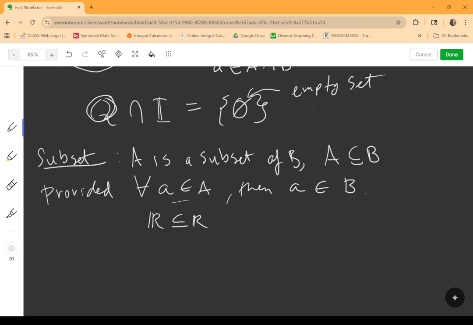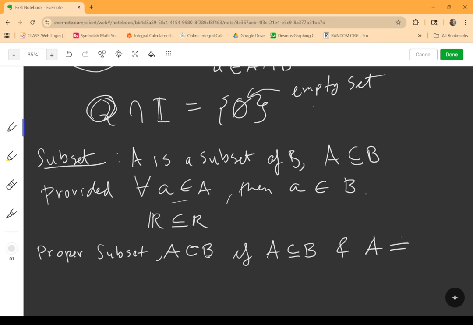So we define further this idea of something called a proper subset, which usually uses this notation. There's no mark below if A is a subset of B and A does not equal B.